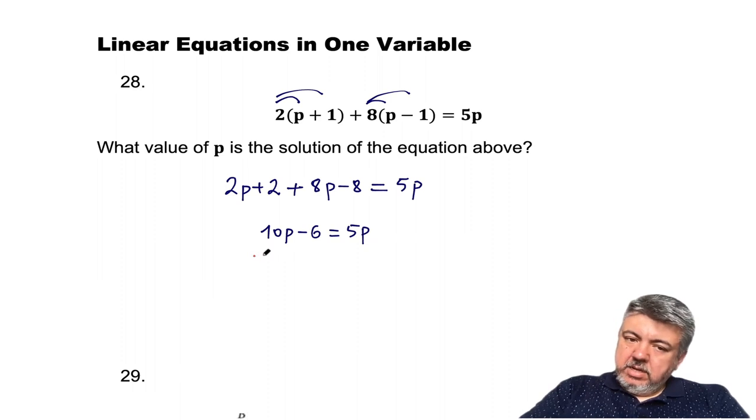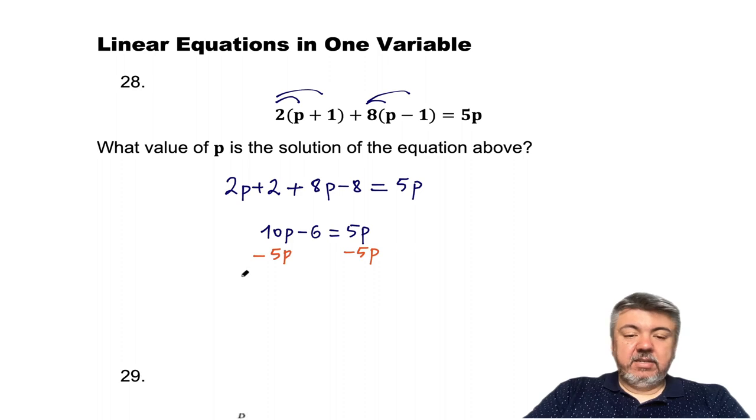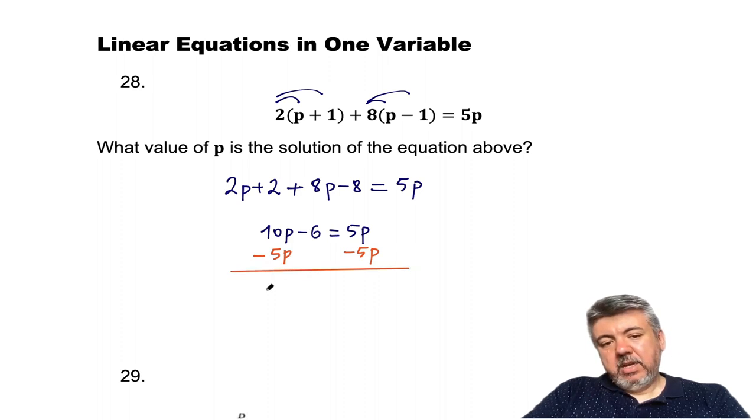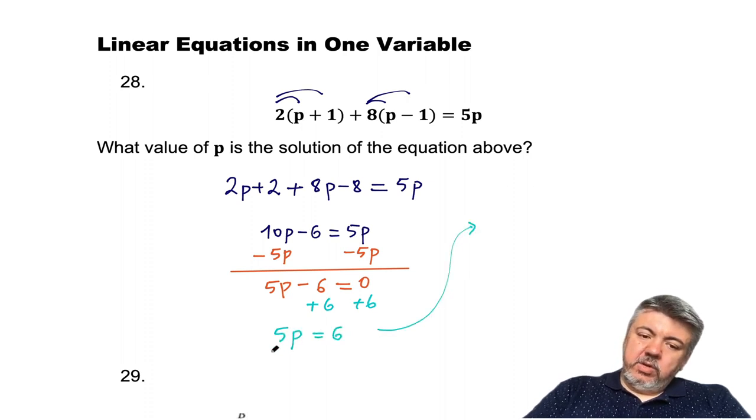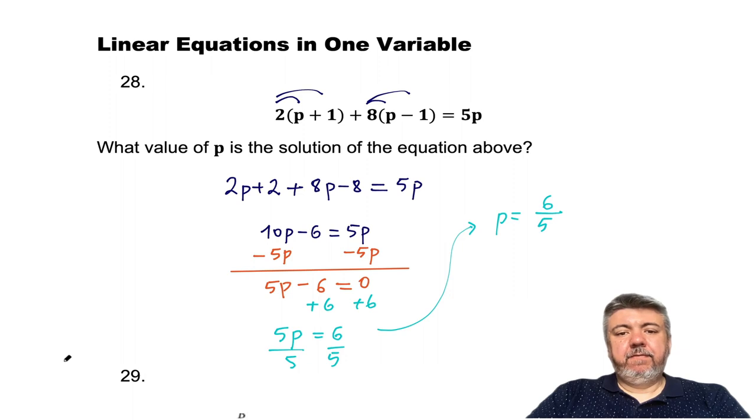Next, take away 5P from both sides. It's 5P minus 6 equals 0. Add 6 to both sides. 5P equals 6. Divide by 5, which is P equals 6 over 5.